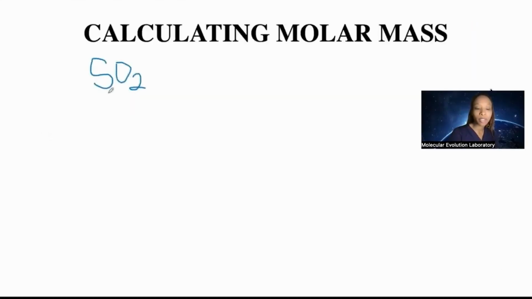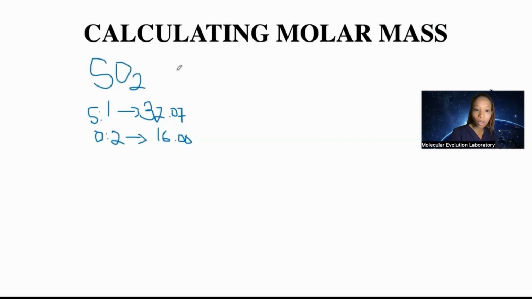So we basically will have to find the atomic mass of sulfur. We have 1 sulfur and 2 oxygen. The atomic mass of sulfur is 32.07, and the atomic mass of oxygen is 16.00.